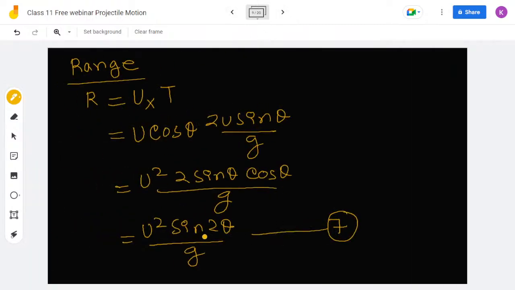Again, to find the maximum range for a given u, we have to take the value of sine as maximum. The value of sine has a range of -1 to +1, so this value will only be maximum when the value of the sine portion is 1.